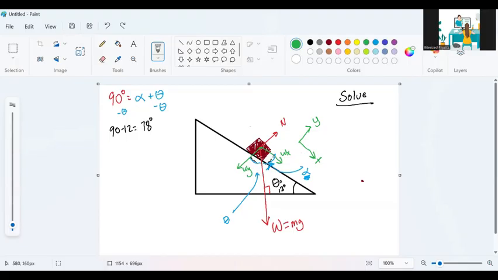So in reference to theta, the weight of y, the y component, is cosine, or it's next to this angle. So we're going to write Wy equals the weight times cosine theta.